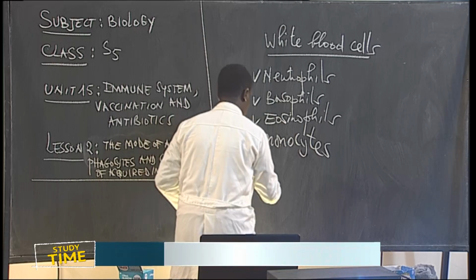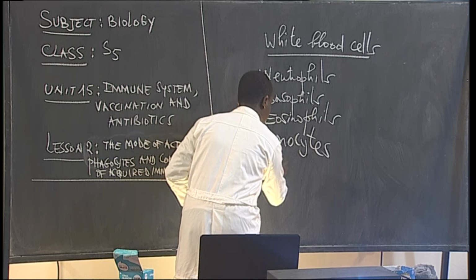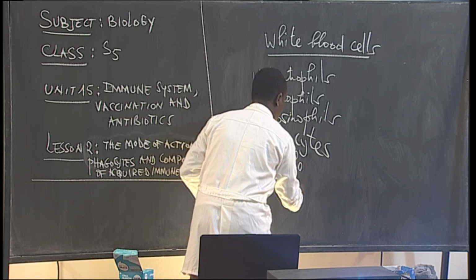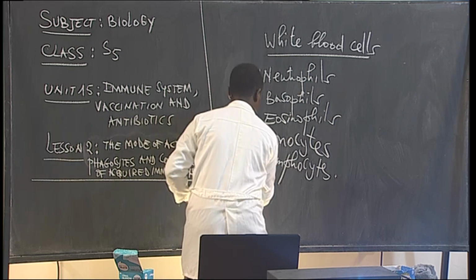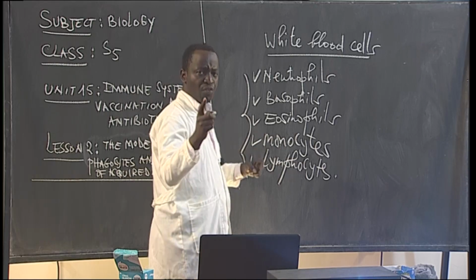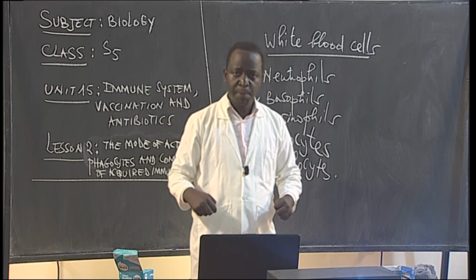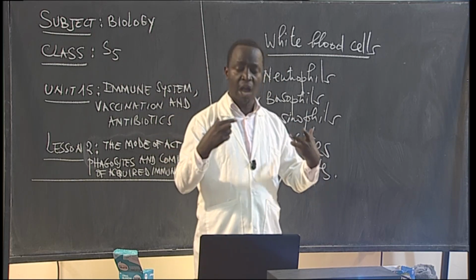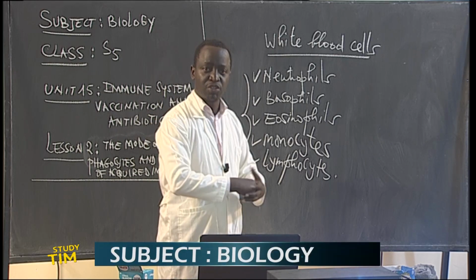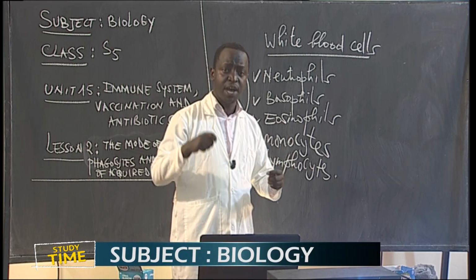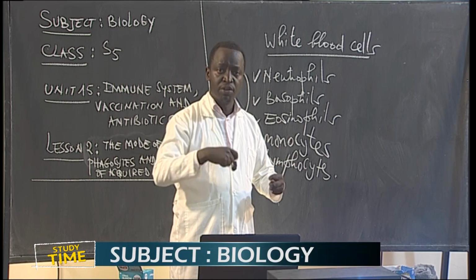Then number five, lymphocytes. Those are the kinds of white blood cells that protect our body. They fight against the pathogens, against the diseases, against the infection in our body.